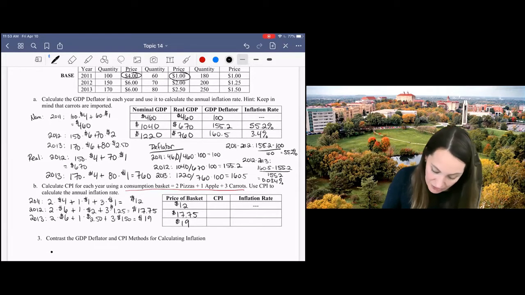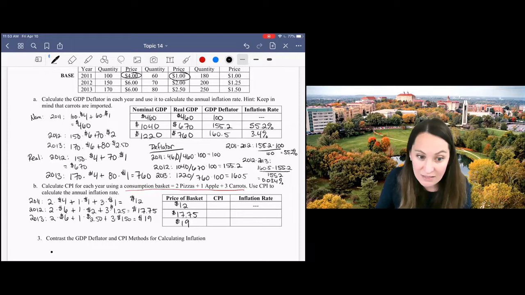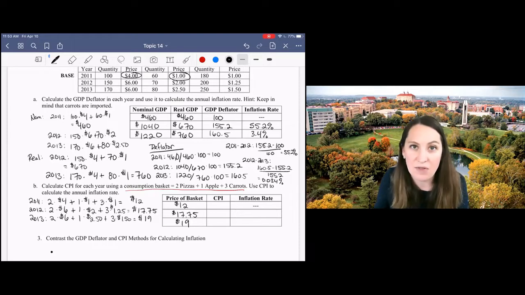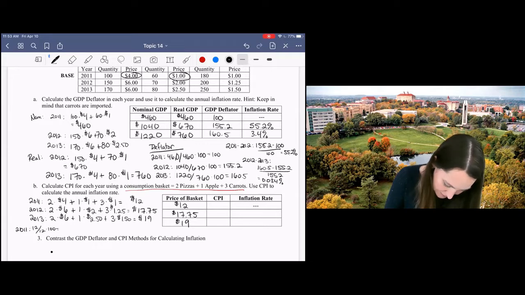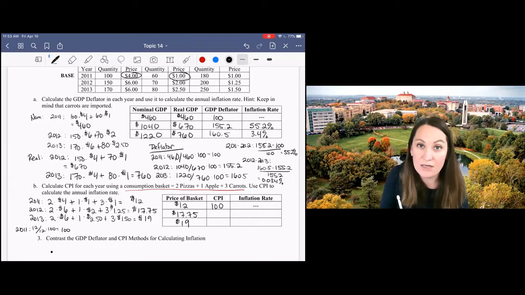So I know in the base year, which again is going to be 2011, that's going to be equal to 100, right? So in 2011, my CPI would be 12 over 12 times 100. That's going to always be 100. Your price index will always be equal to 100 in the base year.